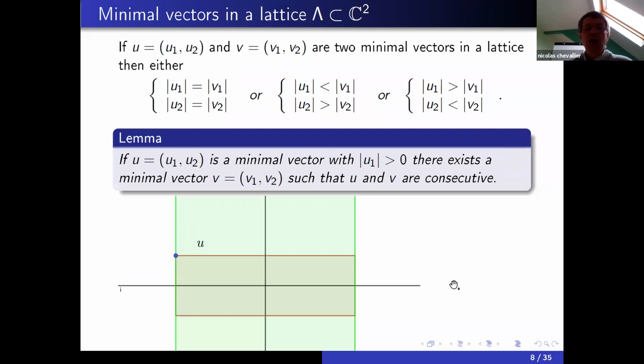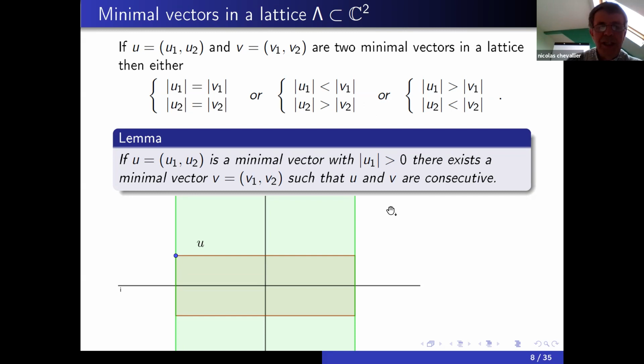First thing, if you have two minimal vectors u and v in a lattice in C2, then either the moduli of the coordinates are equal, or, if the modulus of one coordinate of u is greater than the corresponding coordinate of v, then for the other coordinate the inequality is in the other direction, like that. You see, this is clear.